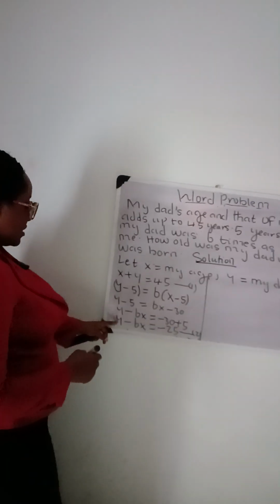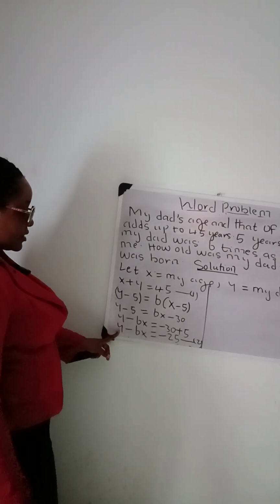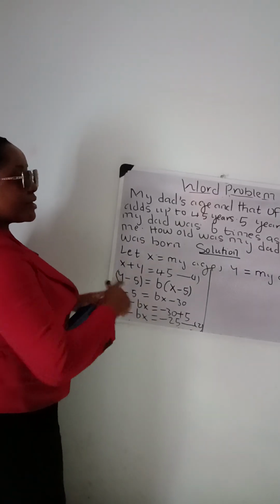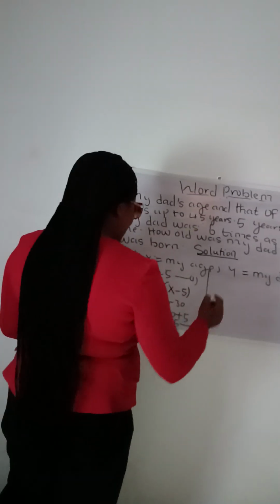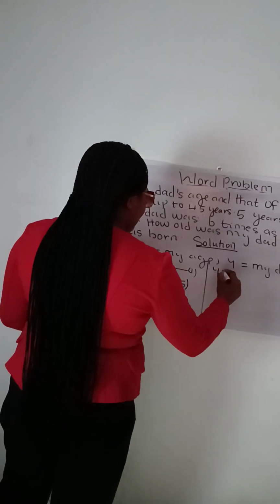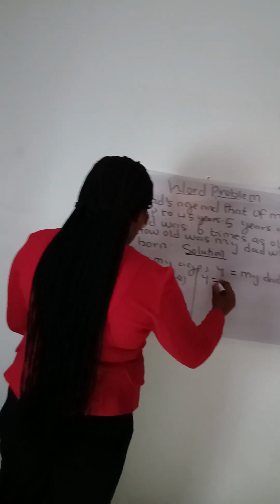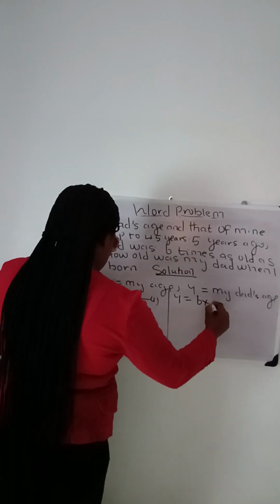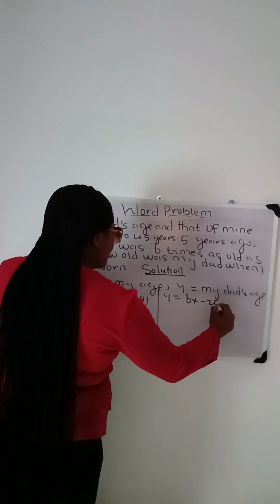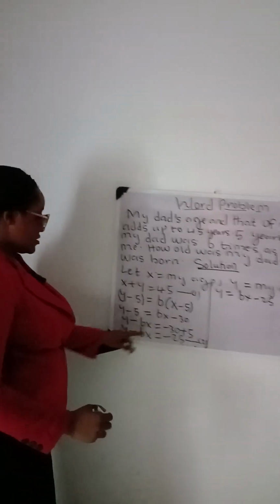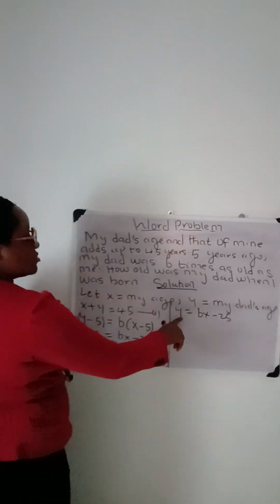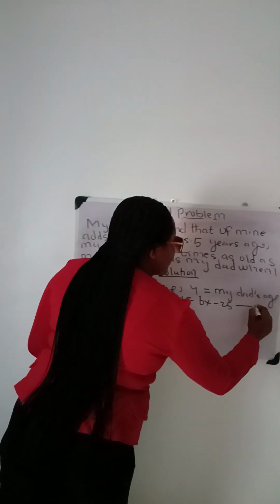So when we make Y the subject of the formula here, we can substitute it here and then bring it back to get X. So making Y the subject here, we have that Y is equal to 6x minus 25. That's when this crosses this way, it becomes plus 6x. Call this equation 3.